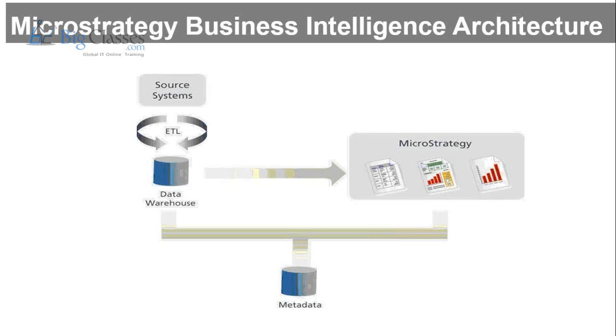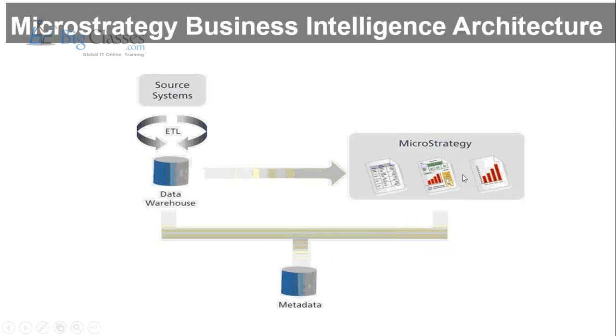In MicroStrategy, whenever you perform any kind of request, whenever you run any report or dashboard, it does not hit the data warehouse directly. When you configure MicroStrategy, you also configure a component called metadata. In this flow diagram, I have shown the metadata as well.